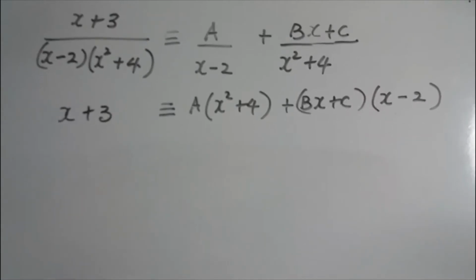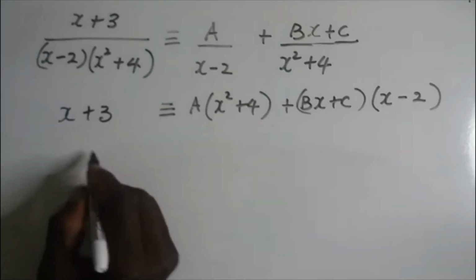So finally, we'll substitute any value, preferably a small value for x, so that we can find what B is. We actually found C. So we know C is minus a quarter, A is 5 over 8. So we'll set x equal to, let's say, 1. So this becomes 4.